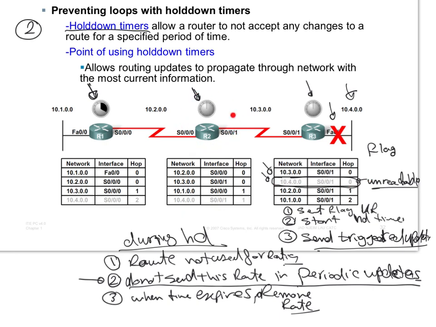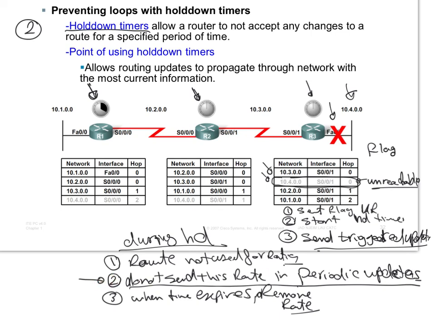If router 2 decides to include this route in the periodic updates, right, then router 2 will inform R3 that this route exists in R2. Okay, and in that case, router 3 might incorrectly accept it. So in order to avoid this situation, once a route becomes unreachable, we should never include it in the periodic updates. We should only send it as triggered updates. So number two here is very important.